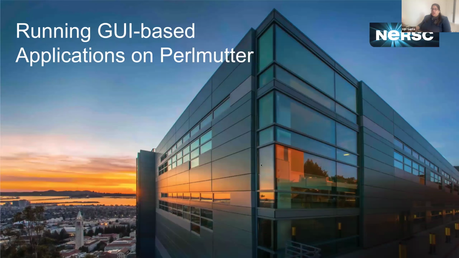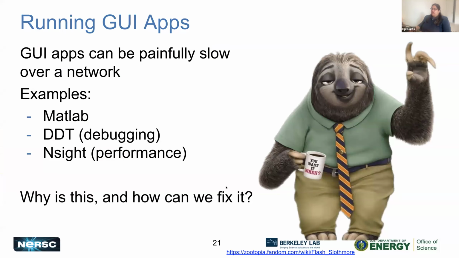One more thing, there are instances where you're running a GUI-based application on Perlmutter. This might be something like MATLAB. There's Nsight, which is a performance tool for NVIDIA GPUs, and DDT, which is a debugging tool. GUI apps in general are very, very slow when running over a network.